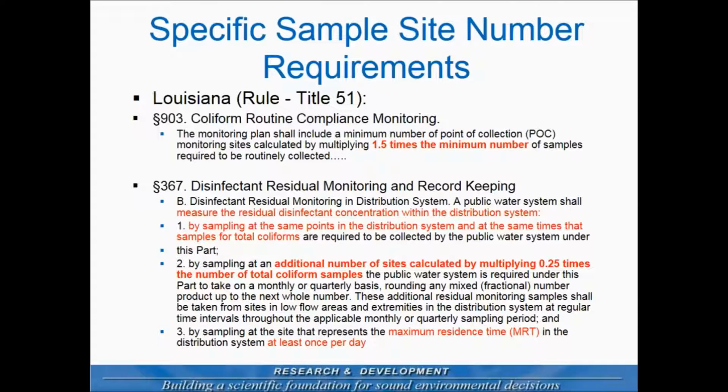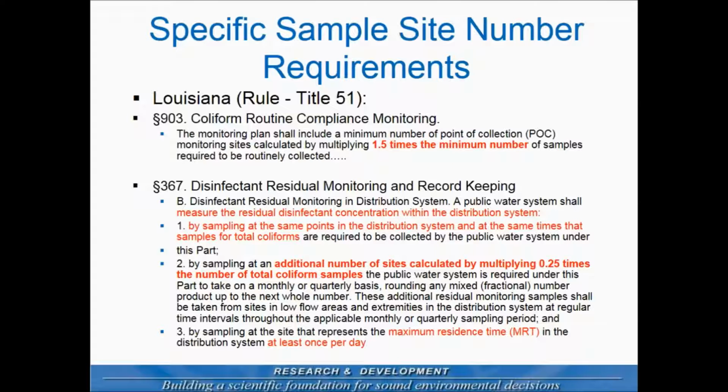Louisiana is the last example here. They have a pretty new rule in Title 51. Section 903, the coliform routine compliance monitoring, specifies that your points of collection monitoring sites should be 1.5 times the minimum number of samples required.